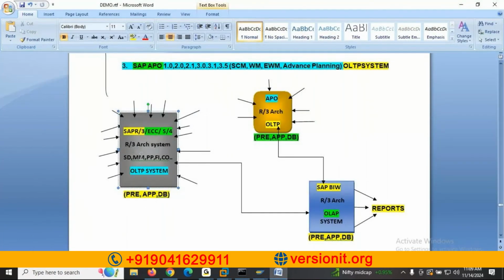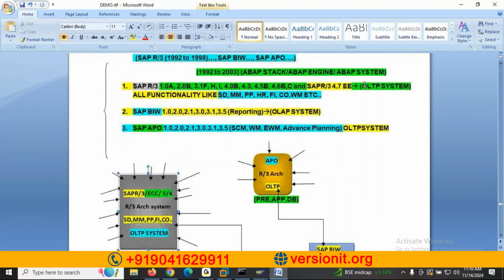Every day sales data, material data, production data, HR data, finance data, everything is stored in a single system because this system comprises all the departments. Clear? And when the data is going into this particular system, what do you call this system? Online transaction processing system. Are you clear?